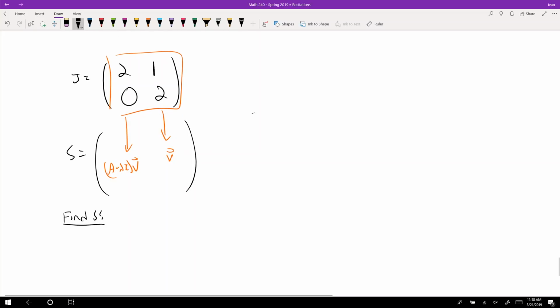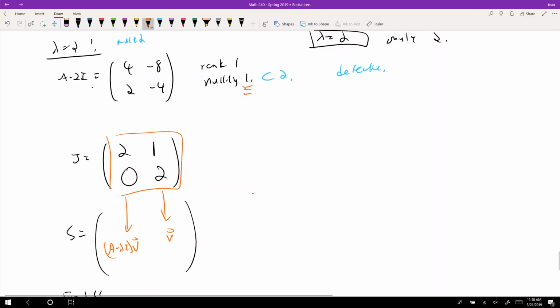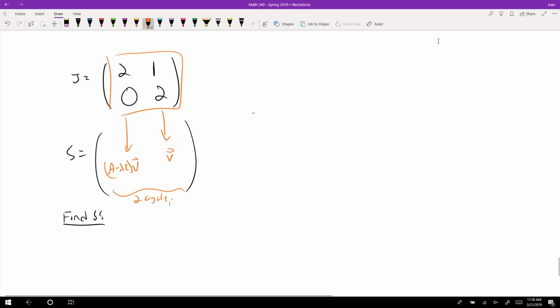Remember, this entire block corresponds to a 2 cycle. So remember how we find cycles. So to find S, for our 2 cycle, A minus lambda I squared times V has to equal 0, but A minus lambda I times V cannot equal 0.